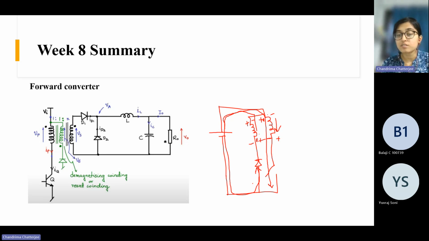It will keep on circulating in this path from this winding to the supply through this diode and back to the magnetizing inductor. Okay. So this will be the path. And here you don't have to incur very high loss because there is no resistance here. So this is a lossless core reset circuit.